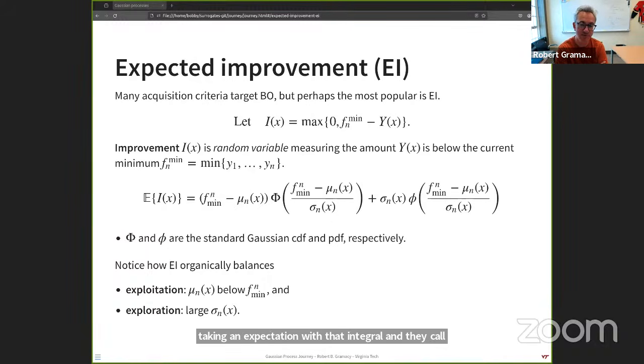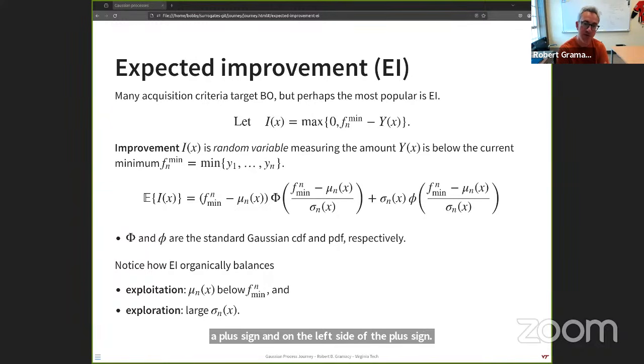And it has this formula on the slides that combines the minimum that you have so far, and it combines your predictive mean, and it combines your predictive standard deviation through this formula. This formula is kind of neat because it has two parts. It's separated in the middle by a plus sign, and on the left side of the plus sign is something to do with the mean.